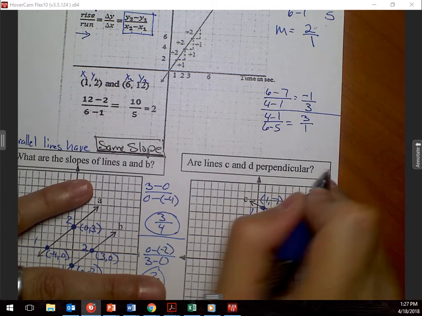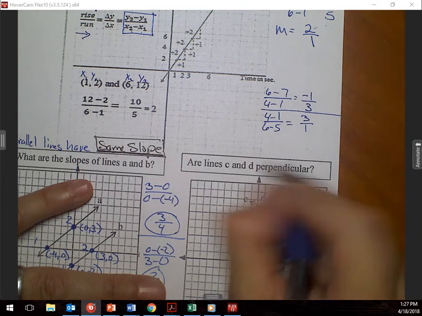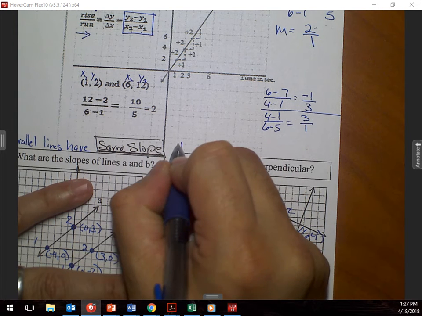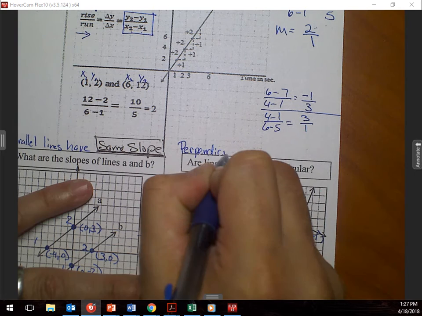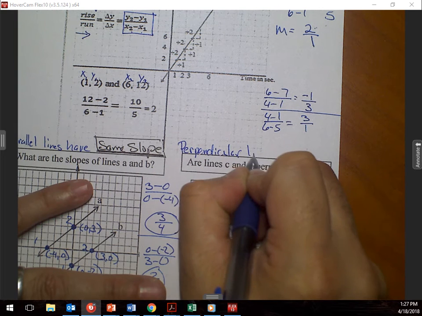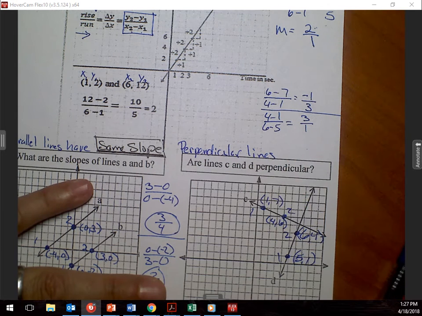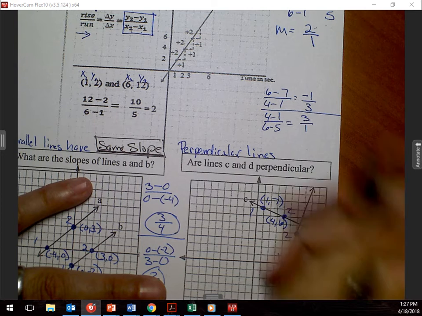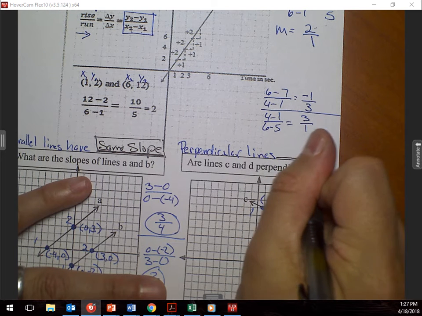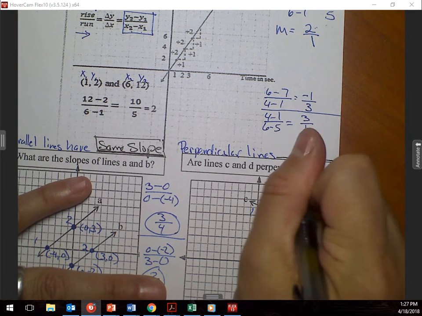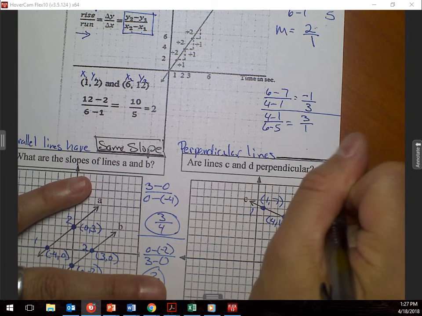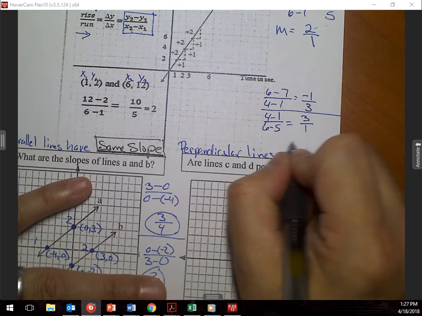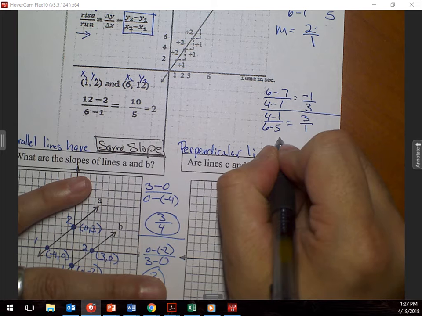So this next thing, I need to give you a little write-in for this. So perpendicular lines have opposite reciprocal slopes. We did talk about this, but I will refresh your memory.